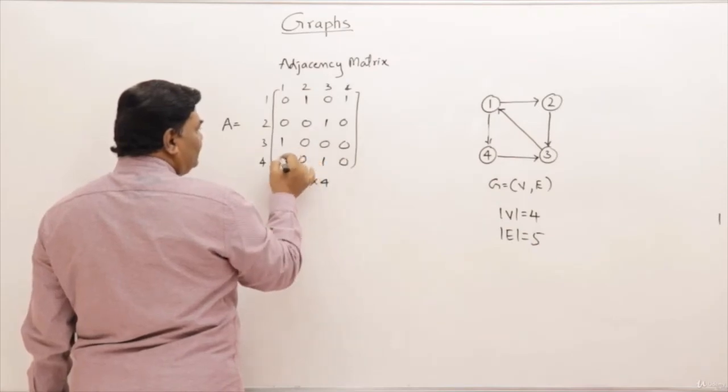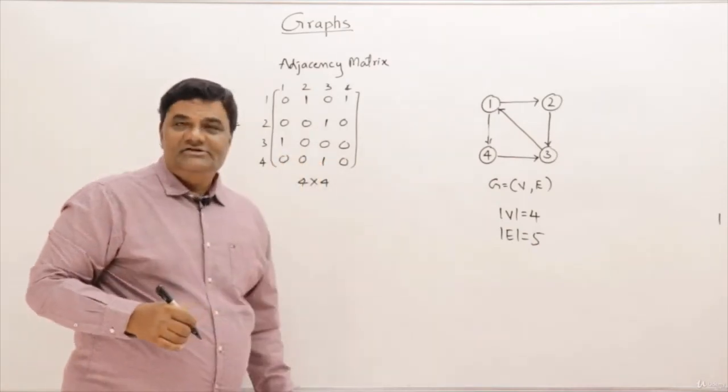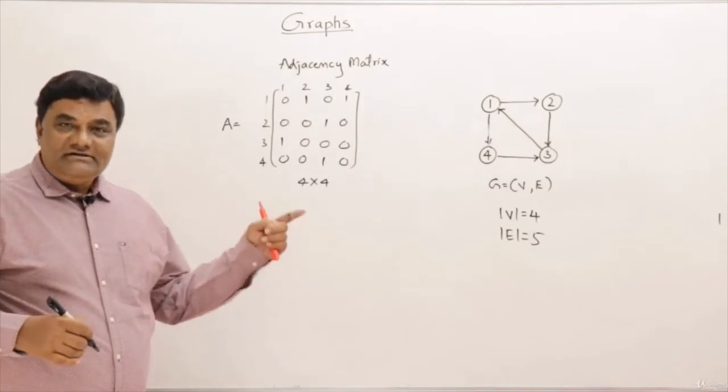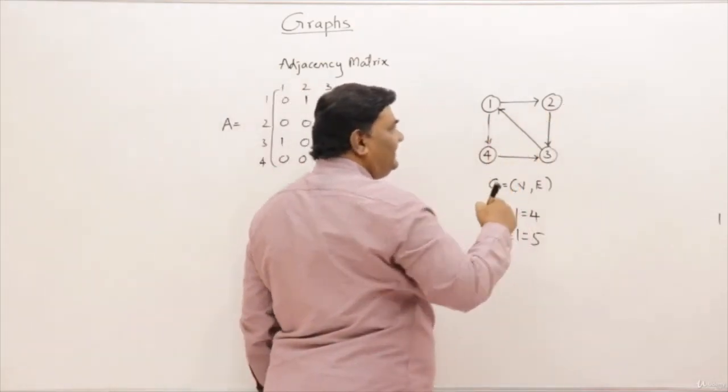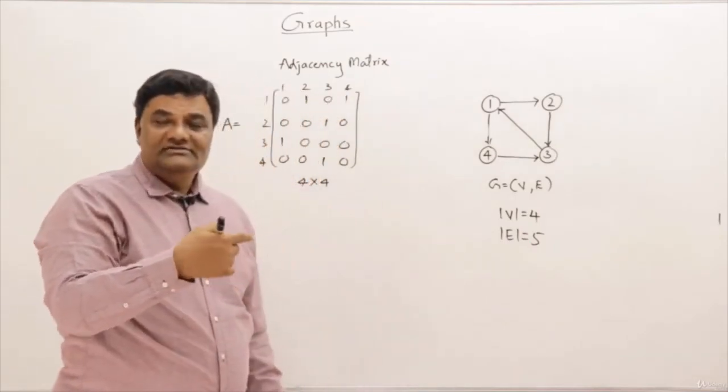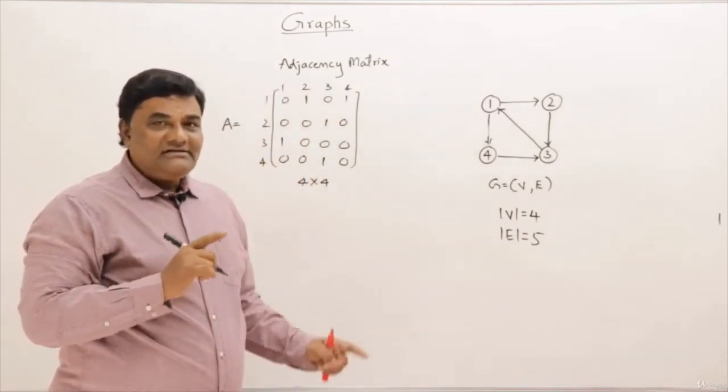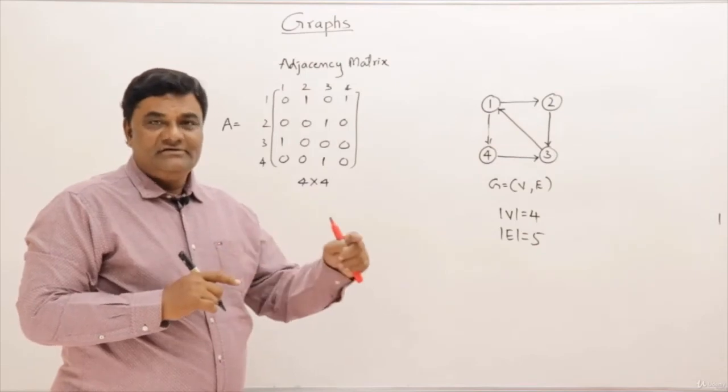Remaining are all zeros. That's all. This is the representation for a directed graph. In a non-directed graph, when there is an edge from 1 to 2, we were counting it either way, 1 to 2 as well as 2 to 1. But here, as it has direction, we will take it just as 1 to 2.